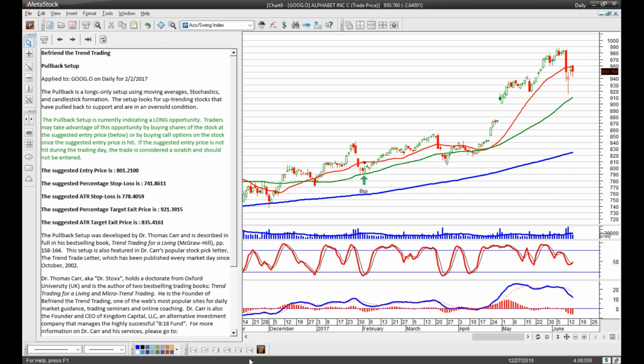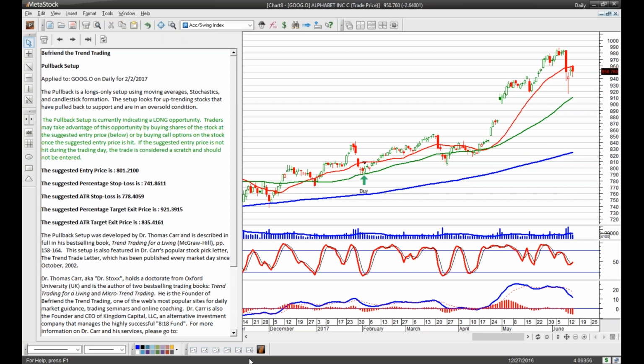Whereas the mean reversion setup, you'd probably want to trade on the indexes, on your ETF trades, at a higher VIX, so maybe something in the 18 to 20, low 20s. When it gets up there, you're going to find a lot of good mean reversion setups on the major indexes.